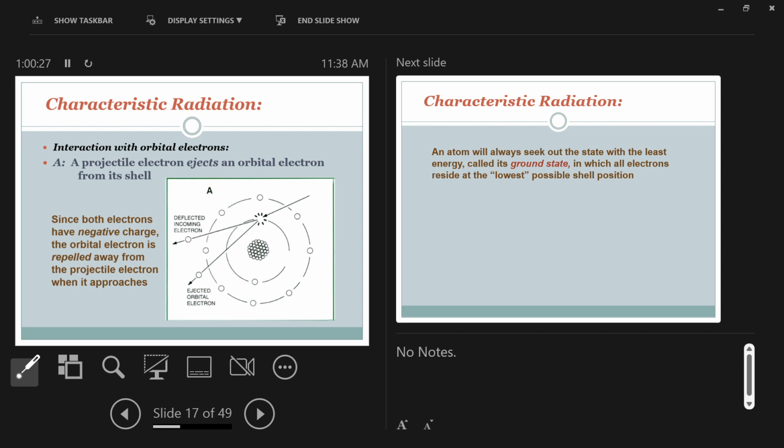Where the outermost shell reaches to, that's how big an atom is, 10 to the negative 10 meters. That unit, 10 to the negative 10 meters, is called an angstrom. All atoms are that big.